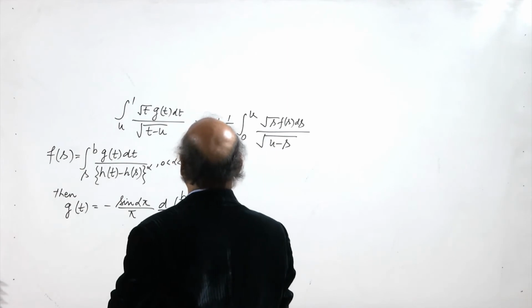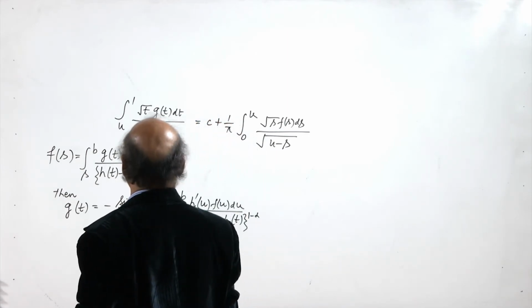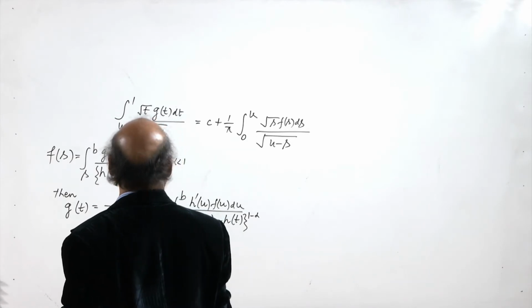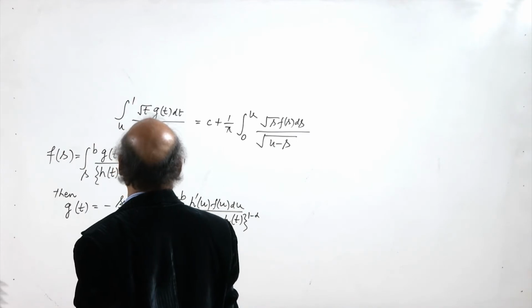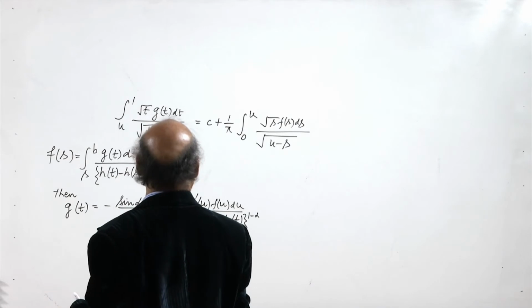So here we will make use of this integral equation, which is similar to this one. Instead of s here we have u, instead of 1 here we have b, and this is our known function fs.